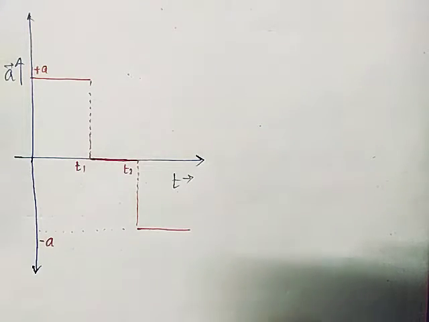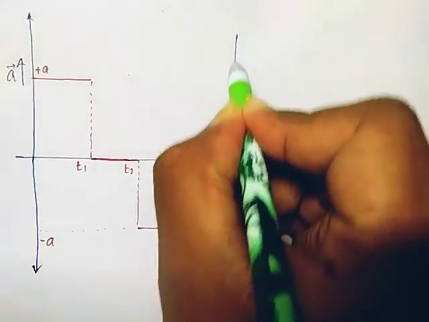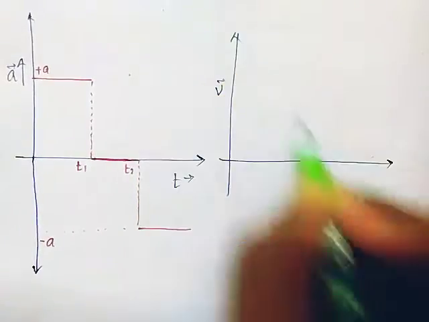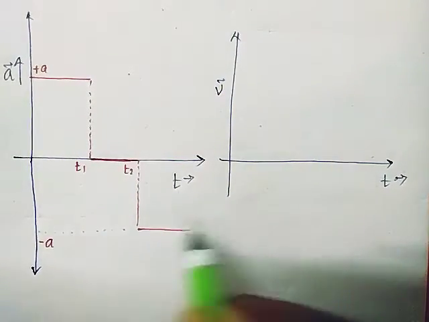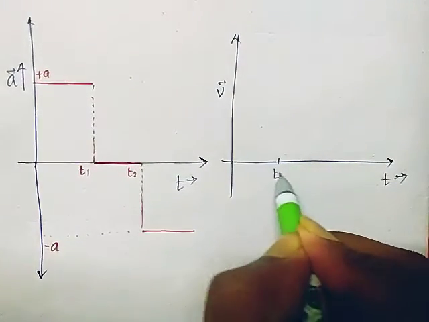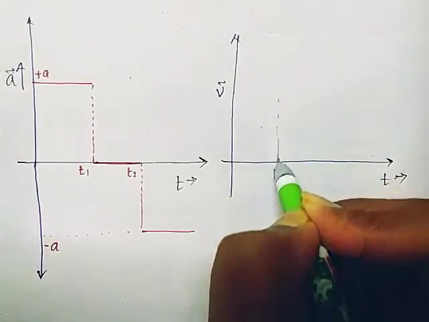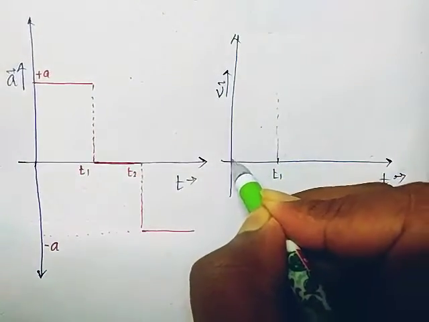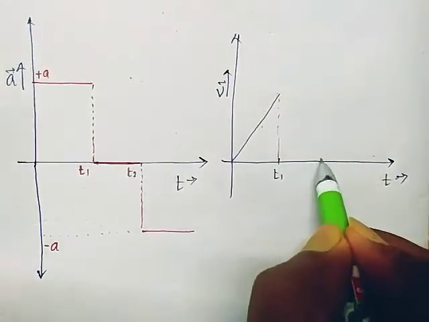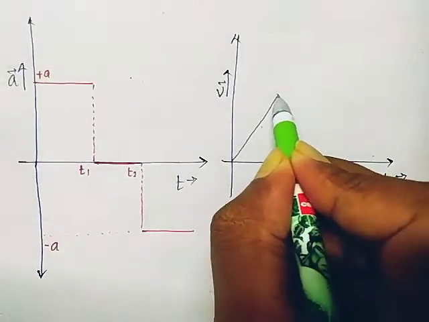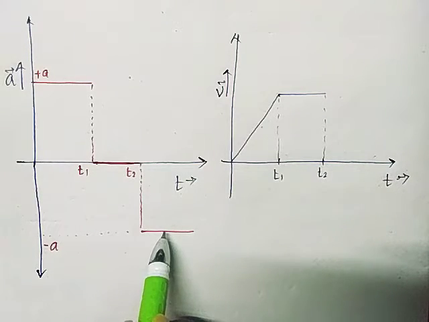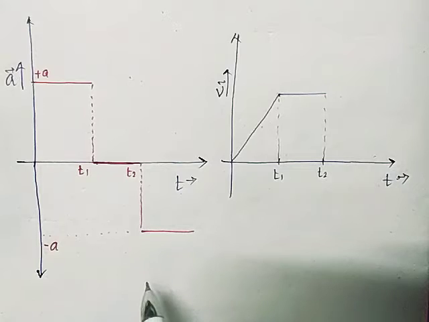If I want to draw the velocity versus time graph for this, this is the velocity versus time graph. The acceleration is constant, so the velocity is increasing up to the time interval t1. After that the acceleration becomes 0, so the velocity stays constant. Then the acceleration becomes negative, in the negative half of the axis.